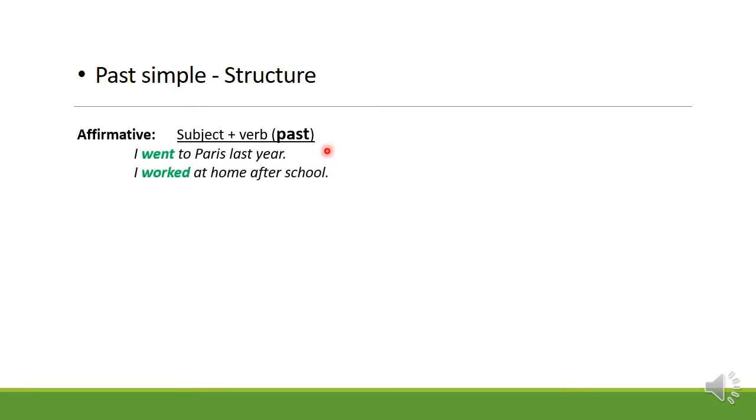Past simple structure. To write affirmative sentences, we will use the subject and then the verb in the past. You may use either irregular verbs or regular verbs. In affirmative sentences, we will use verbs in past form.